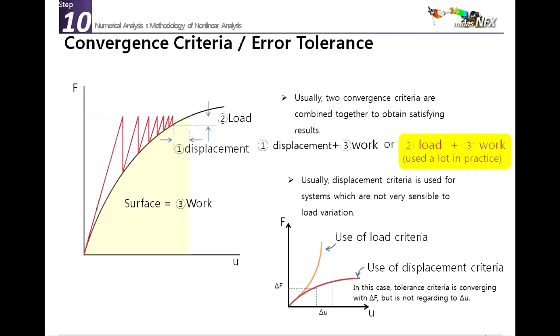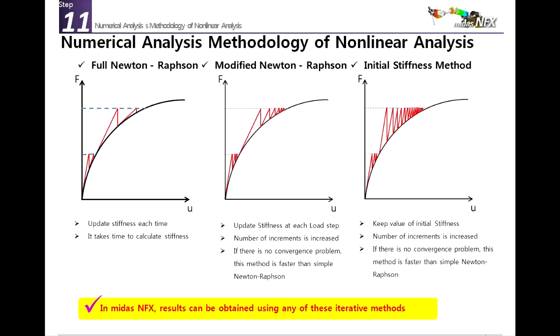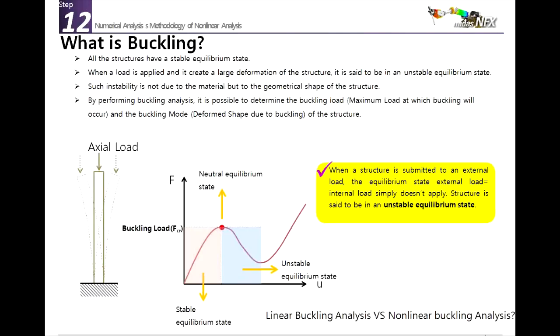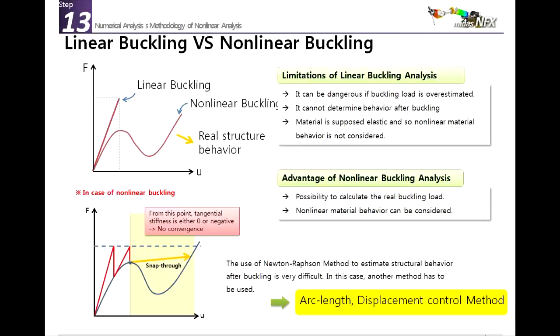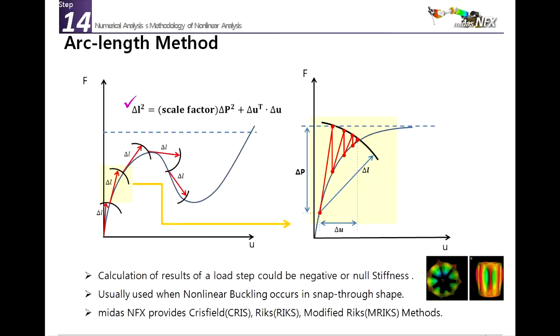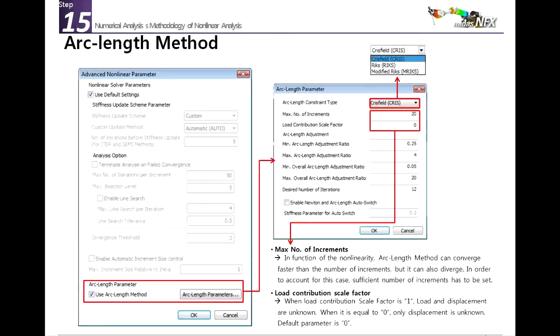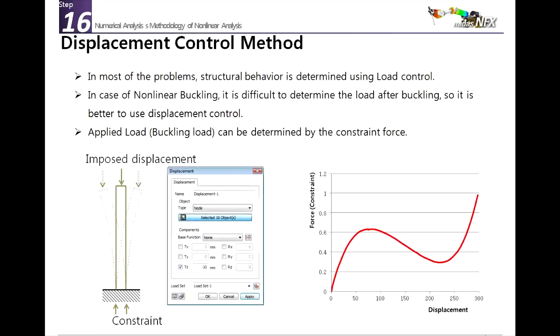As well, I talked about the error tolerance, the different types of methods you can use in nonlinear static, and buckling. I talked about nonlinear buckling and how you can use the arc length method to get better results when you have some buckling in your system.